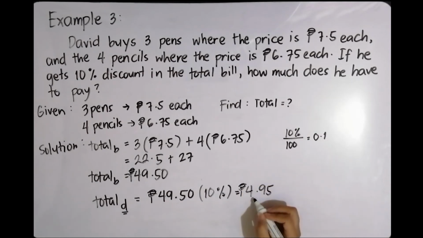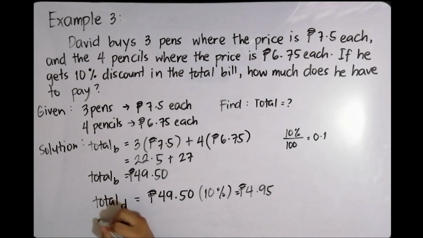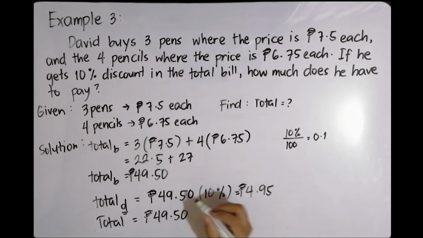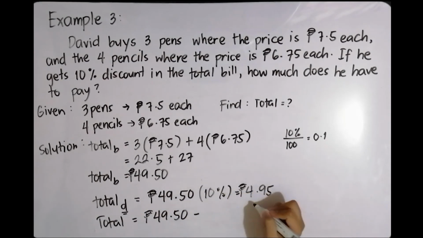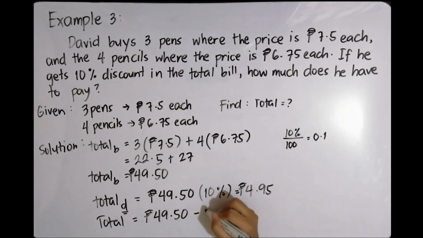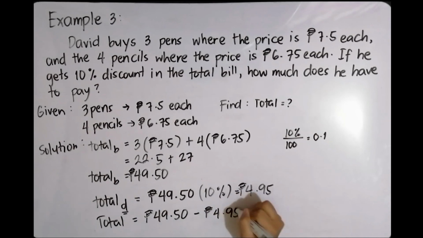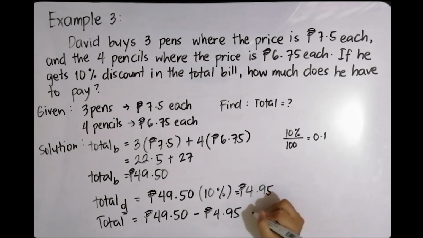So to be able to get the total bill that he has to pay, we subtract the total discount from the total bill, which is 49 pesos and 50 centavos. So we have 49.5 minus 4.95.